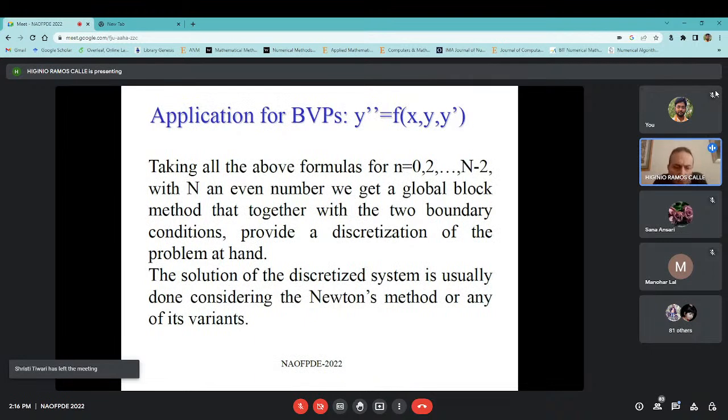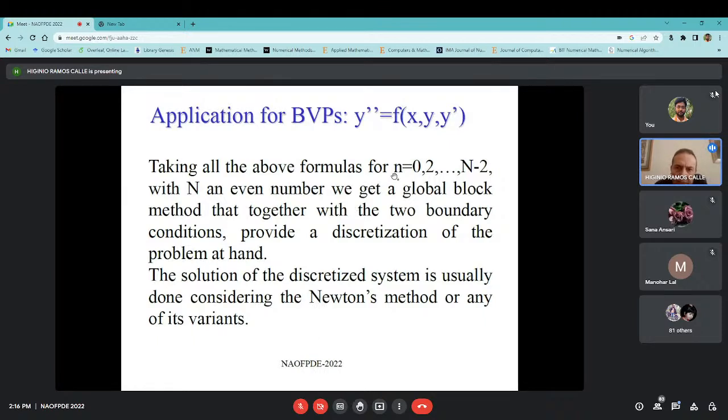Now, if we want to use this block method for solving boundary value problems, we have to consider these formulas along the total integration interval. So in this case, we proceed in a different way as before, but it is similar.